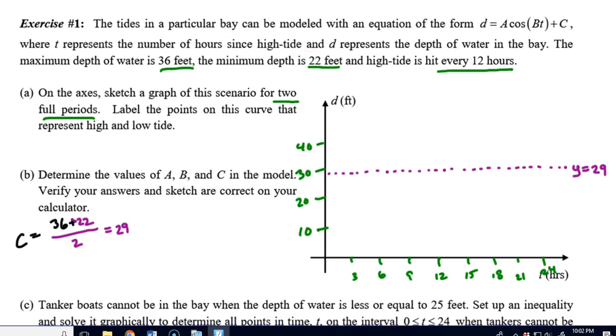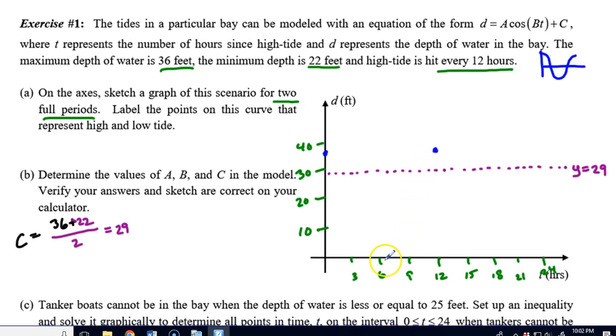Let's plot some points. Because it's a cosine, I know normal cosine looks like this, right? It starts up at a maximum, goes down, and completes one cycle, gets back to its maximum. So I want to plot a point at 36 to start. And then I know after 12, it's going to be back to 36. Okay?